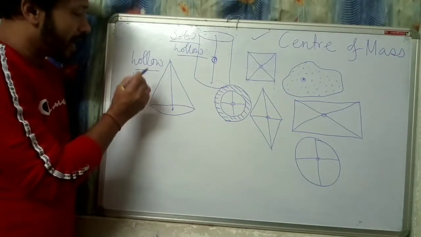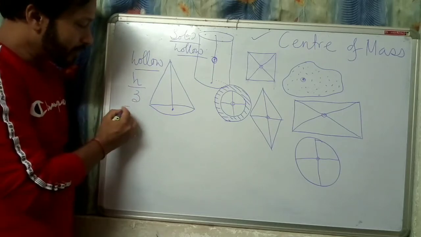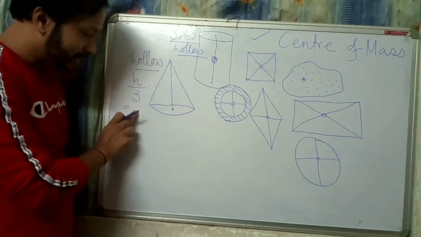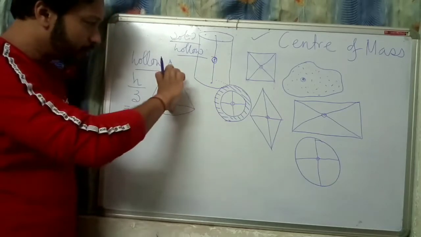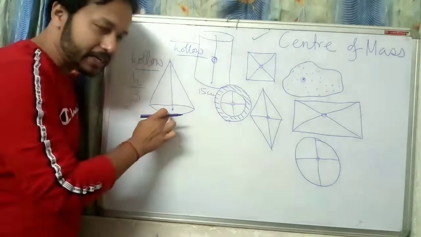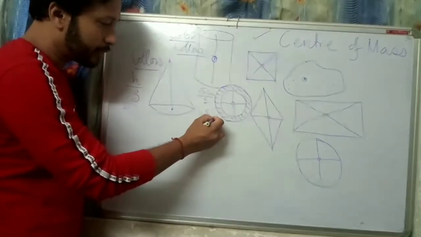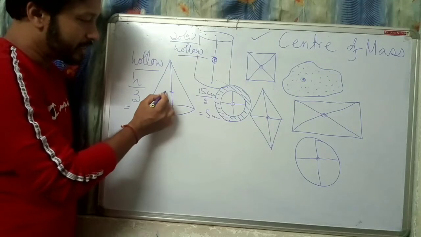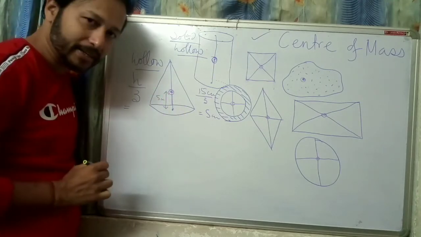Whatever answer you get, you have to measure that much from here. Say the height of the hollow cone is 15 centimeter. We divide by 3, so 15 by 3 is 5 centimeter. So from here you measure 5 centimeter. Here is the center of gravity.